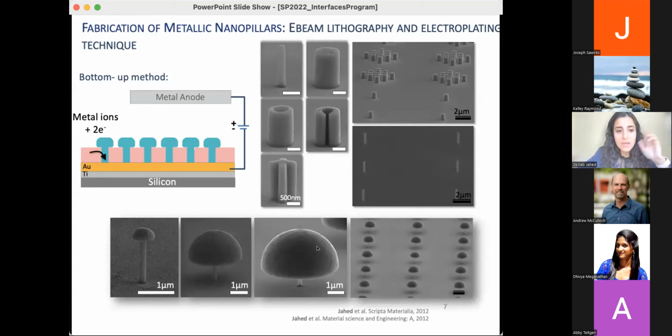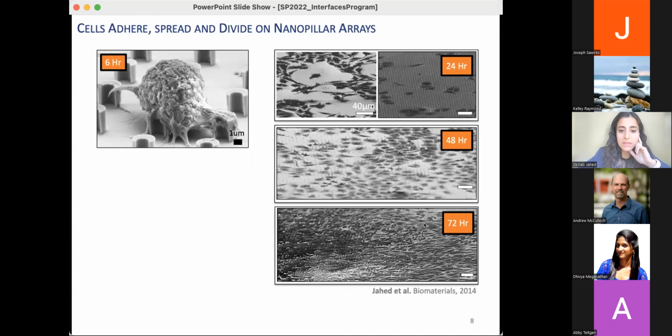The first very early studies that we and others did were to see whether cells are able to actually grow on these types of surfaces. We basically just culture cells as we would on a petri dish. We culture them on these metallic nanometer scale pillars and let them grow for hours, and we can see at least they're dividing.